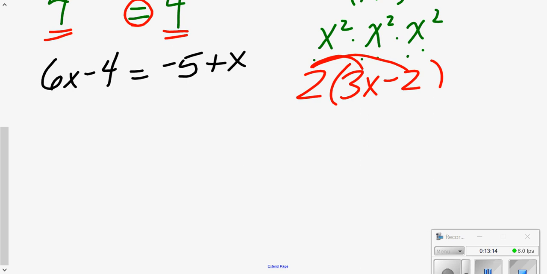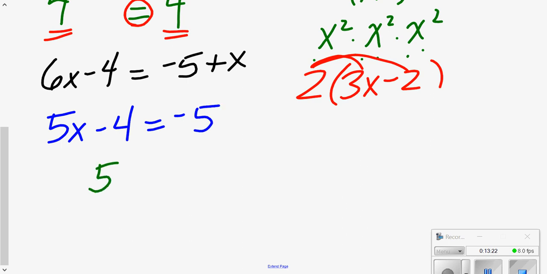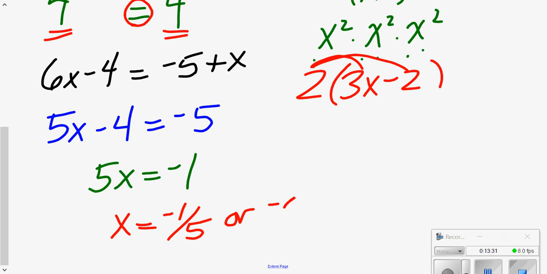We're going to subtract x from both sides. I'm going to add 4 to both sides. Divide by 5 on both sides. You can write it in a decimal format or a fraction. It does not matter. Okay?